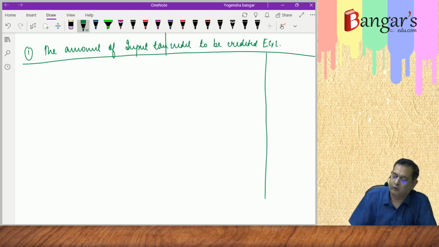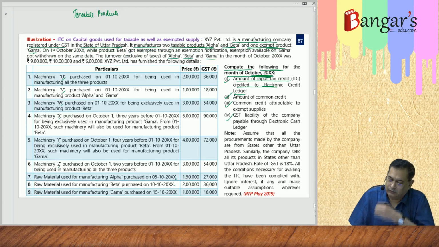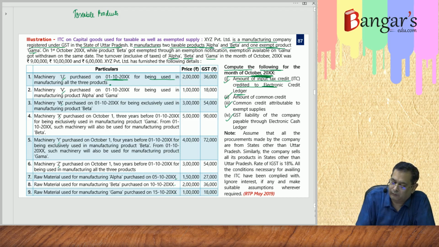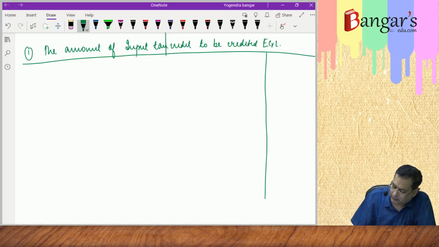The amount of input tax to be credited where? To electronic credit ledger. Now machine U is purchased on 1st October and is being used for manufacturing all the three products. So since it is used for all the three products, the amount of input tax will be credited where? In the electronic credit ledger.